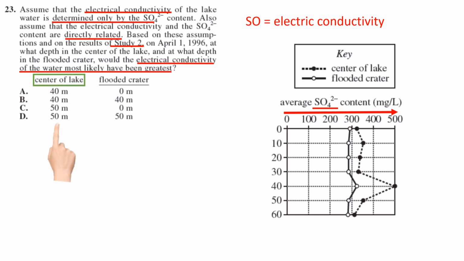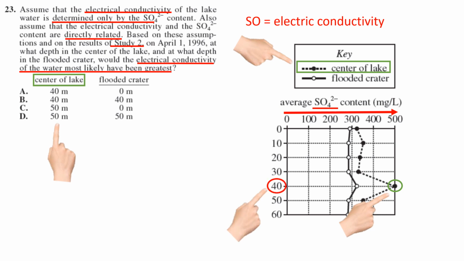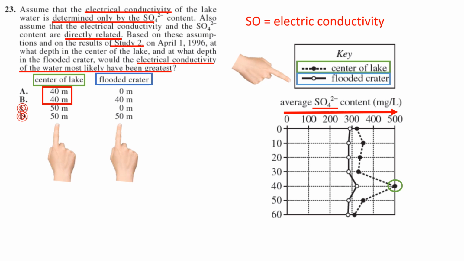So let's look at center of the lake first. So center of the lake is the dashed line, and we see the depth that clearly stands out at 40. So your answer has to be A or B. We can eliminate C or D. And so now let's look at the flooded crater. So the flooded crater is the solid line, and the solid line is clearly greatest at 40 as well. And so 40, so your answer has to be B.